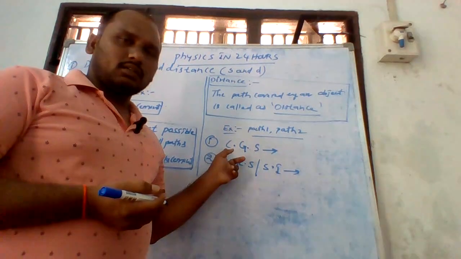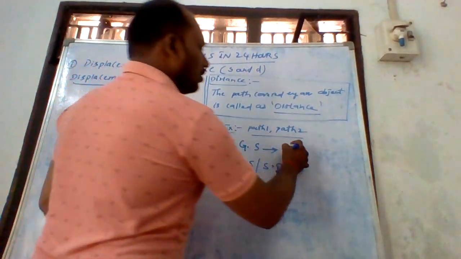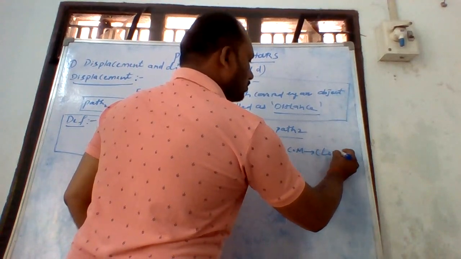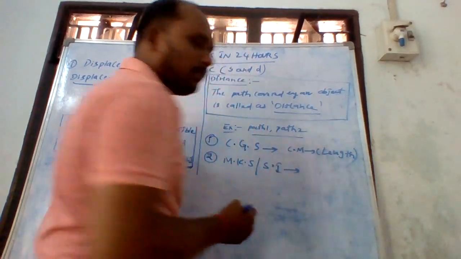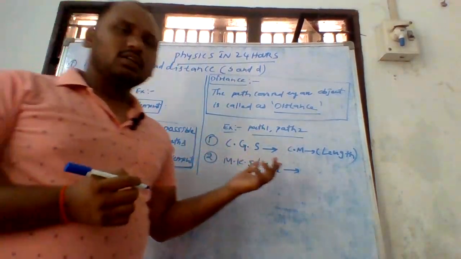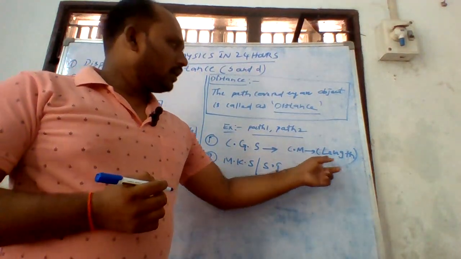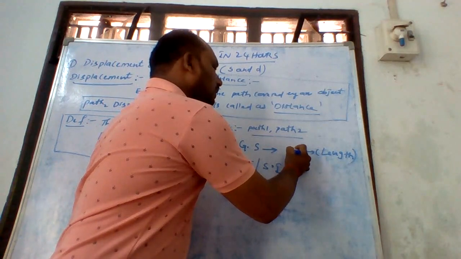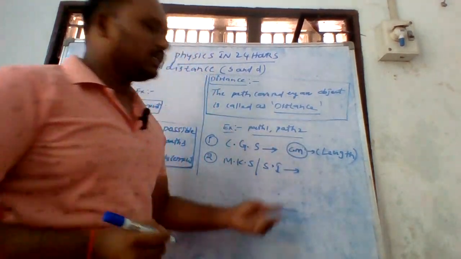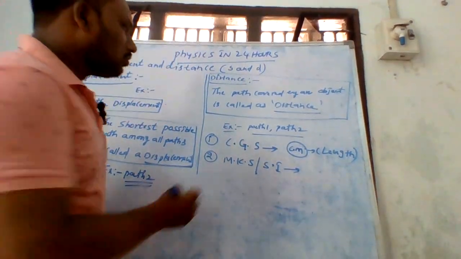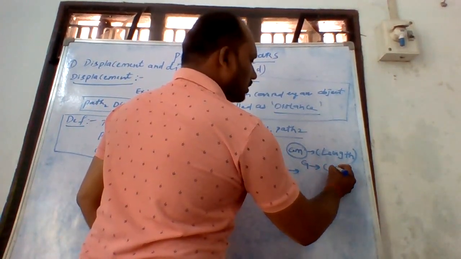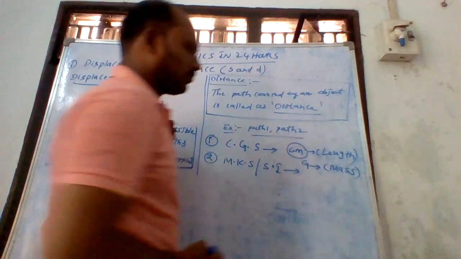What does C stand for? C stands for centimeter. When in the formula we have length, we have to use centimeter. G means gram, and gram is for mass.